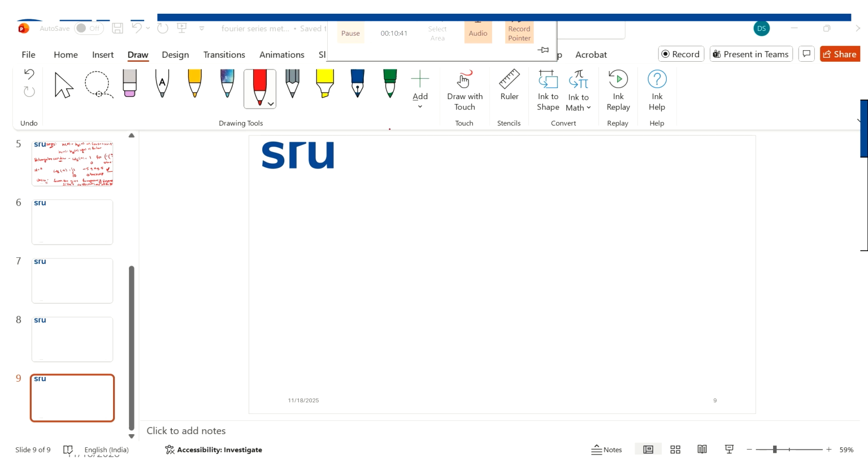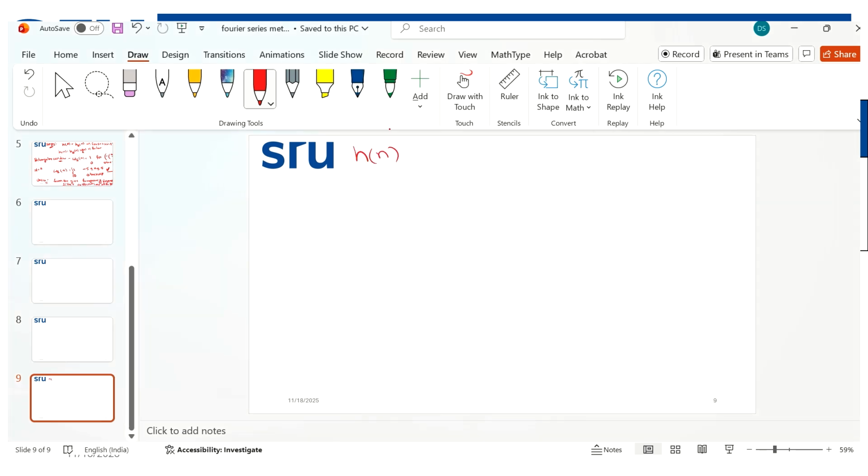Now we are finding the h of n coefficients for different n values.